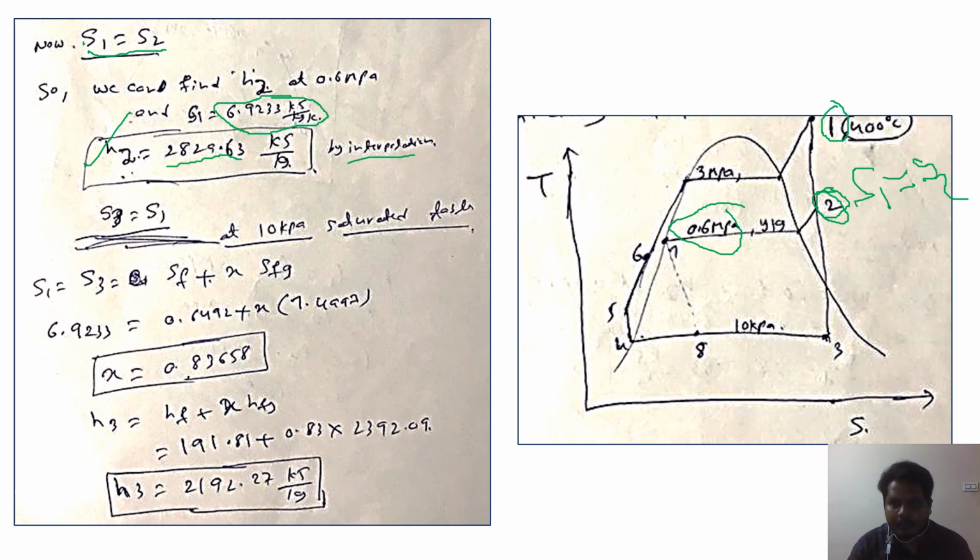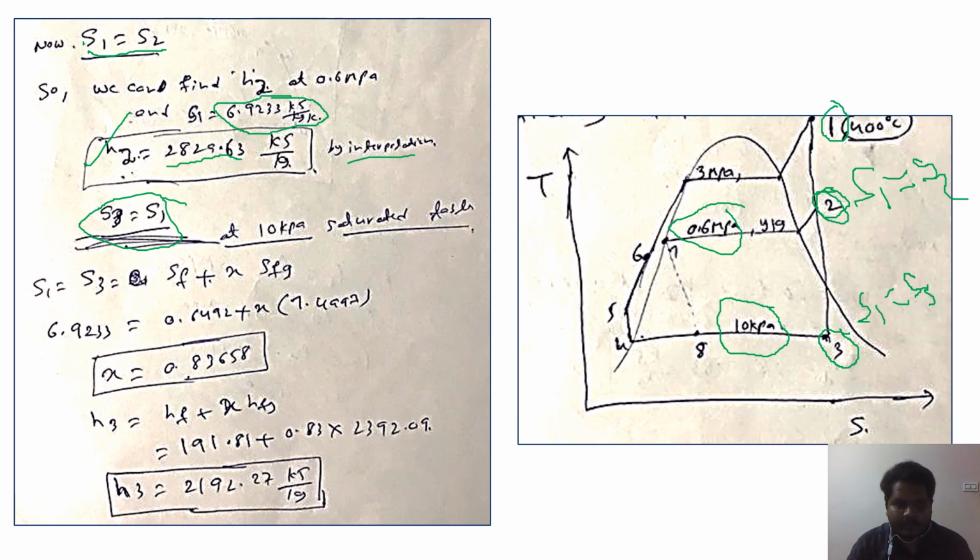And also process 1 to 3 is again an isentropic process. We can write it as S1 equals S3. So S3 equals S1. Here at point 3 we know the value of the entropy, and the given pressure is 10 kilopascal. So the point 3 is in the saturation zone, so we have to refer the saturation steam table at given pressure 10 kilopascal.